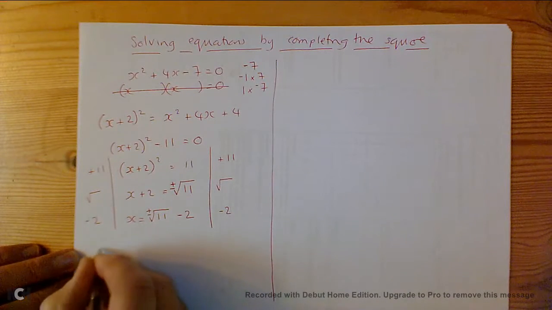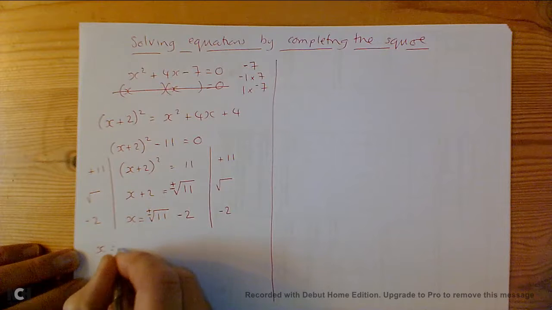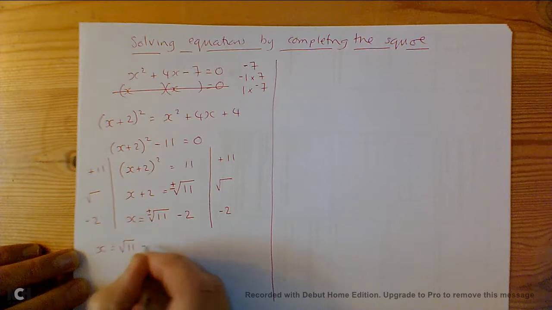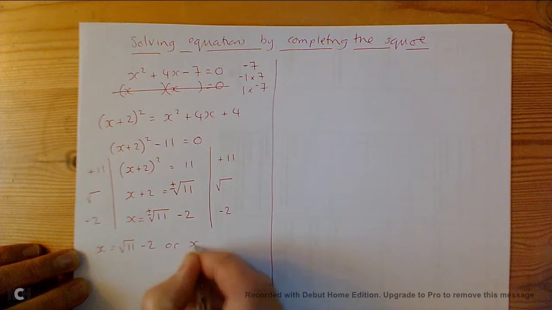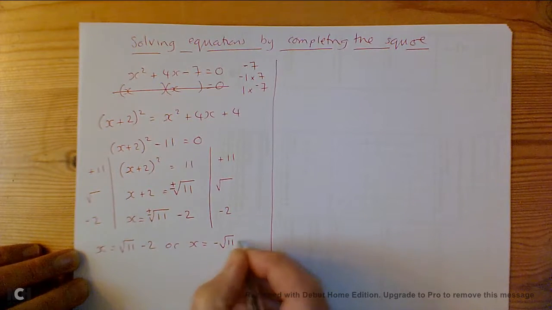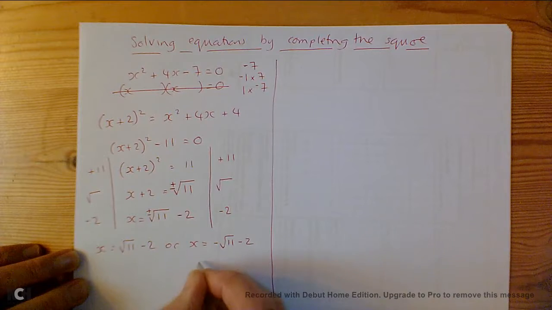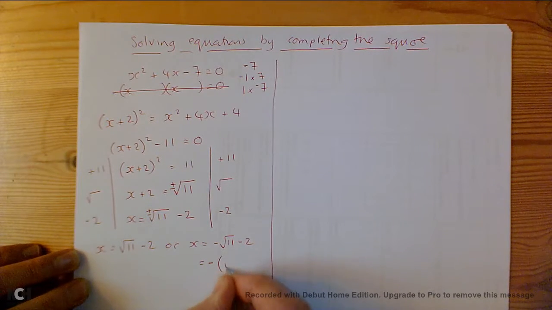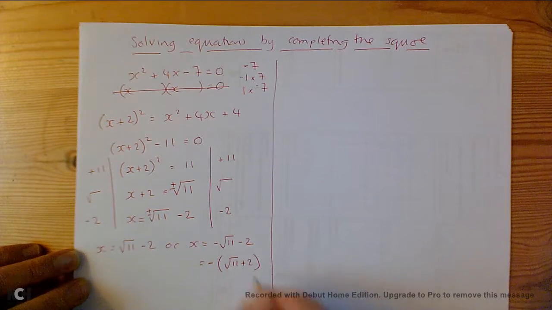And to tidy up, we can say that x is equal to square root of 11 subtract 2, or x is equal to the negative square root of 11 subtract 2. You can even tidy this up a little bit nicer. Negative root 11 plus 2.